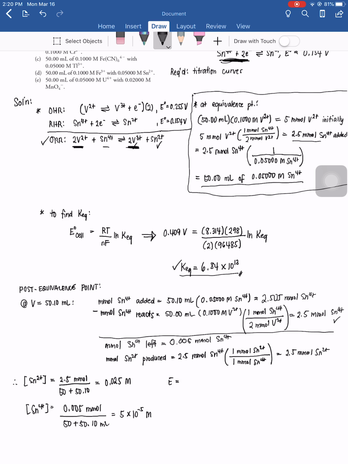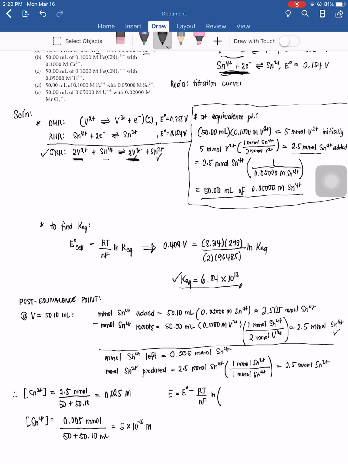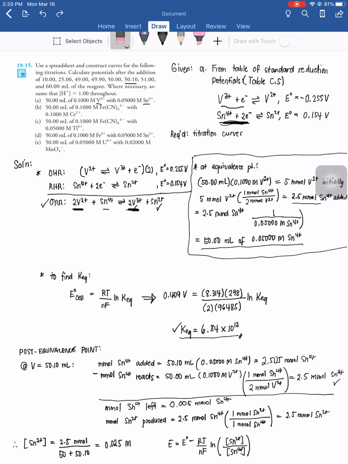That's E equals E naught minus RT over NF ln the tin 2 divided by the tin 4. Oops, sorry for that one.